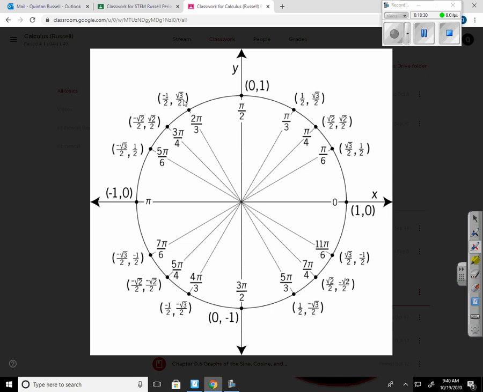So it's negative here. But at 5 pi over 3, it would be as well. So it's going to be 2 pi over 3 plus pi, not 2k pi. It would just be k pi.